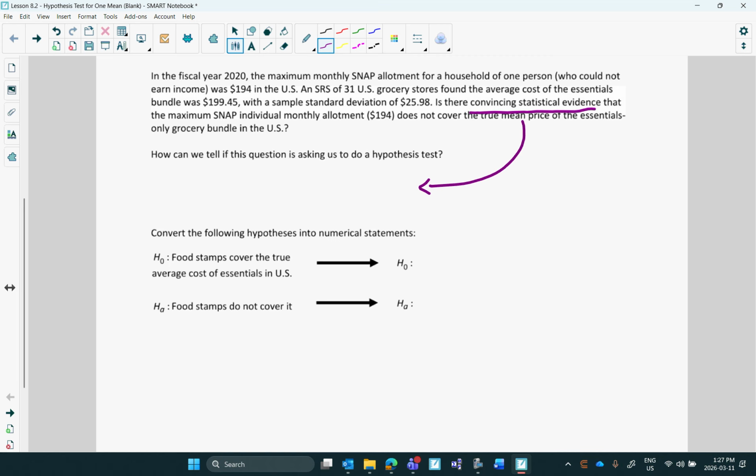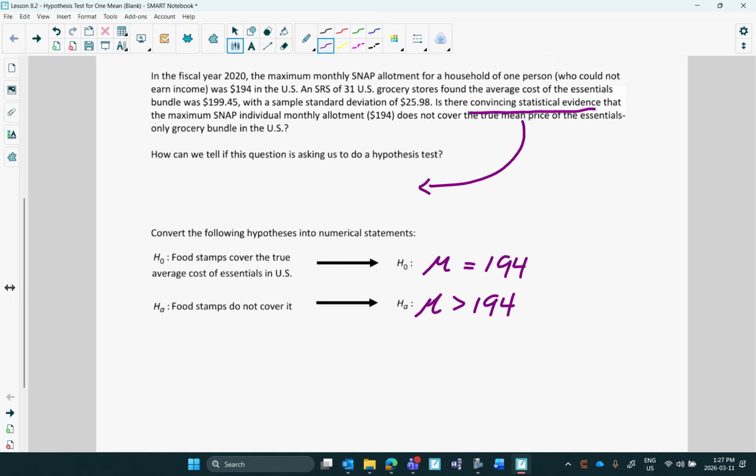So how would we say that using mathematical notation? Well, the population mean would be 194. And the alternate would be that, no, it's greater than 194.